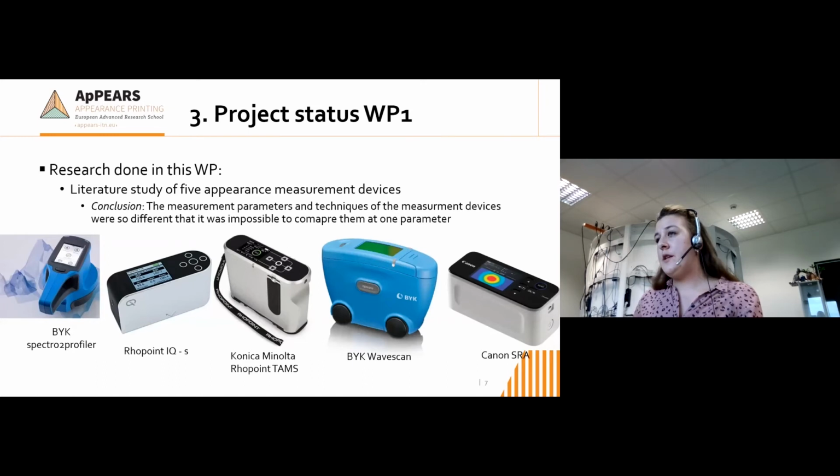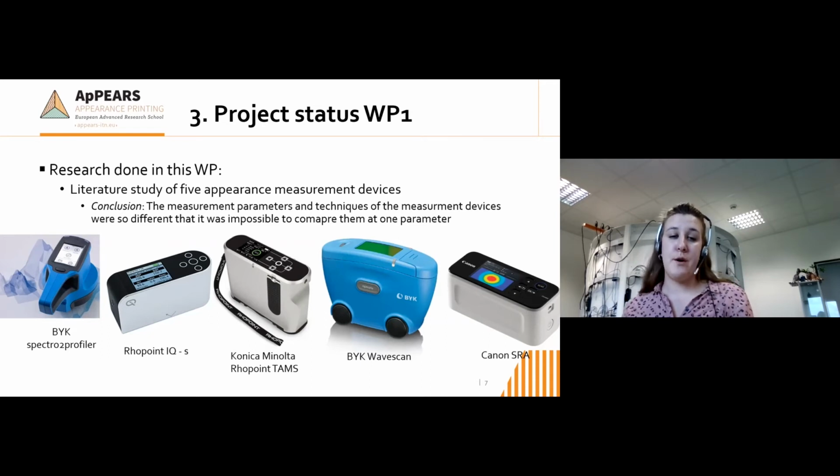The first step in this research that we did was actually we wanted to compare the devices. They are all appearance measurement devices, and we wanted to see first which parameters they measure and how they measure it, which range, and how they do it.